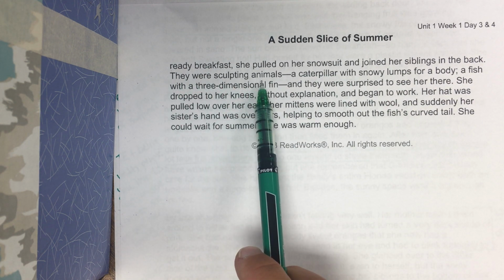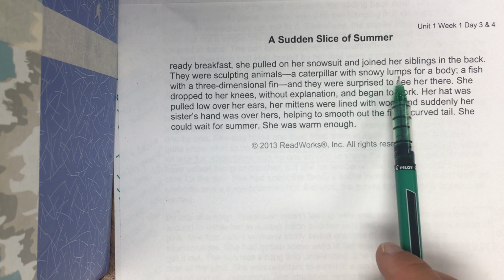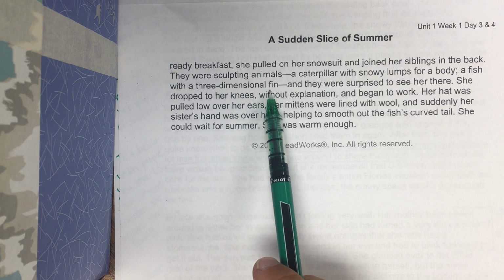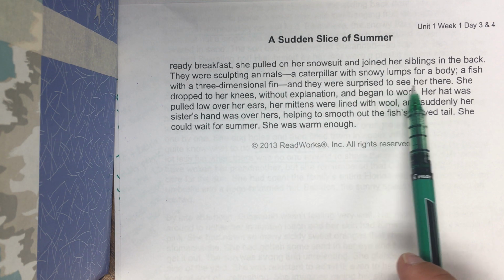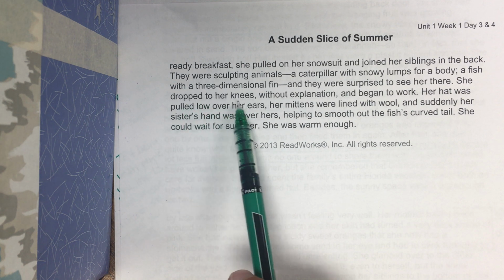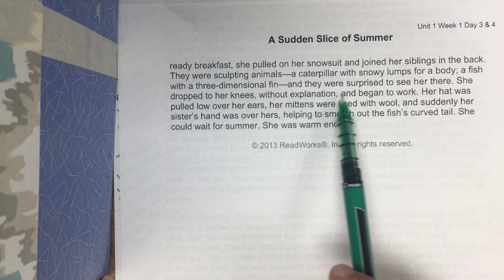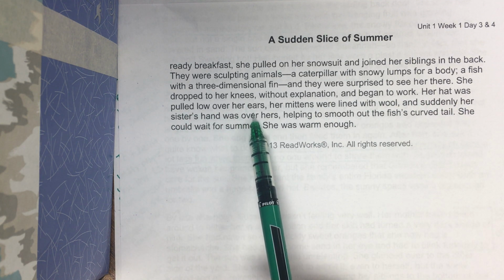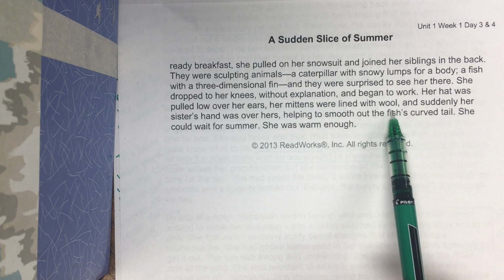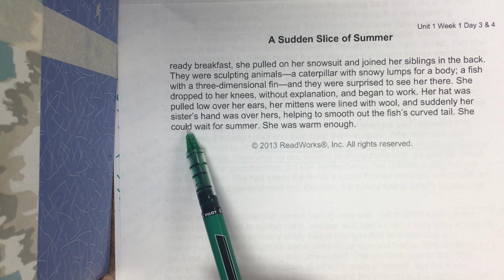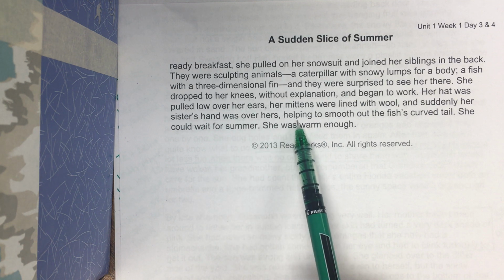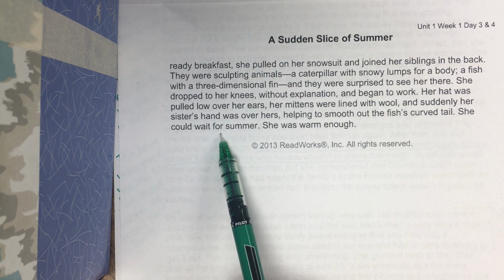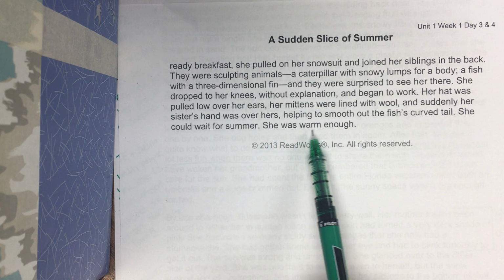They were sculpting animals, a caterpillar with snowy lumps for a body, a fish with a three-dimensional fin, and they were surprised to see her there. She dropped to her knees without explanation and began to work. Her hat was pulled low over her ears. Her mittens were lined with wool, and suddenly her sister's hand was over hers, helping to smooth out the fish's curved tail. She could wait for summer. She was warm enough.